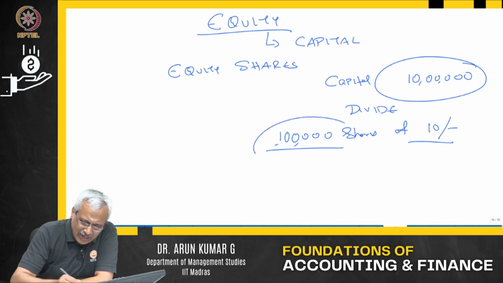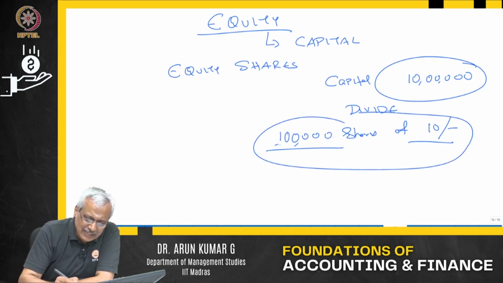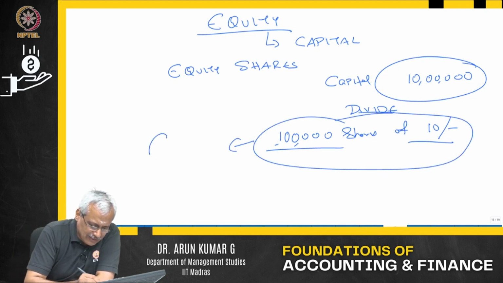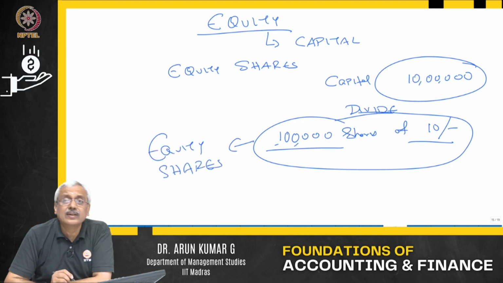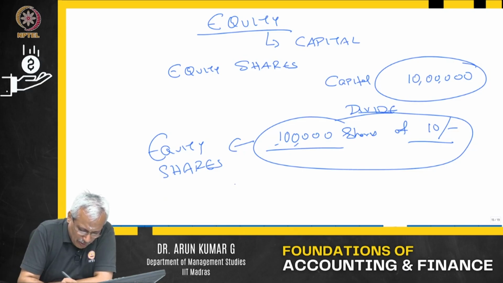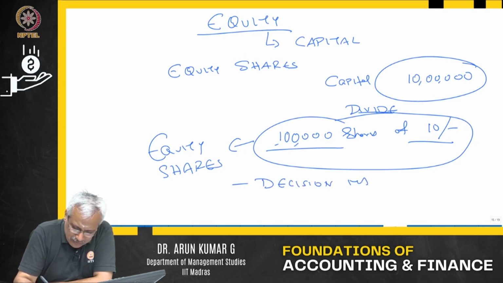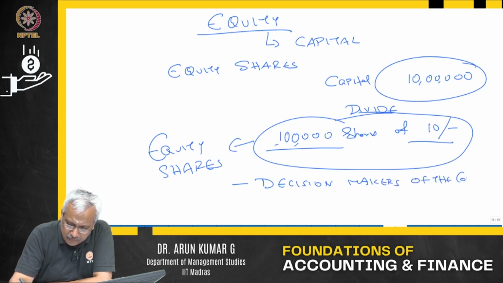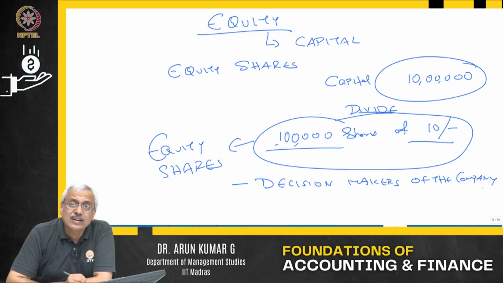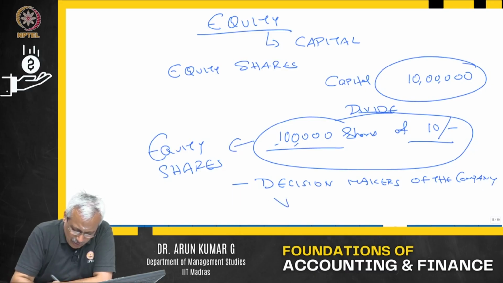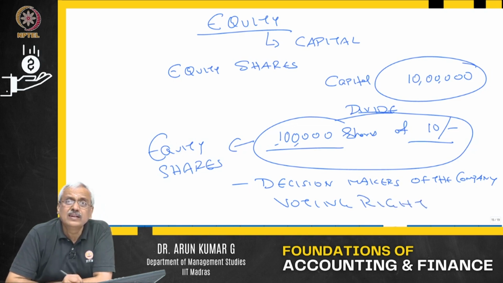Now when this is divided into shares, these normal shares are called equity shares. Now what is the advantage of equity shares? Equity shareholders, number one, are the decision makers of the company. When I say decision makers, they have a voting right in the company.